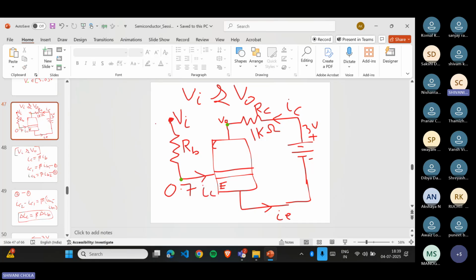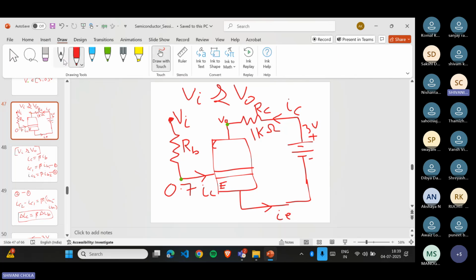Similarly, can anyone tell me the relationship between VI, 0.7, RB, and the current? And the concept of 0.7 volt is clear, right? Because it's the minimum potential you should have to clear this barrier. That's why I kept 0.7 over here. That will be IB, yes, you are right.